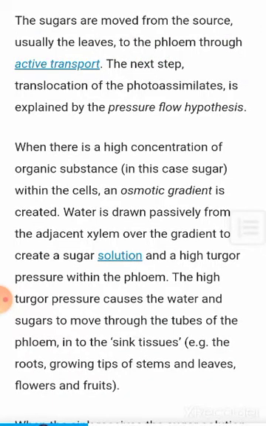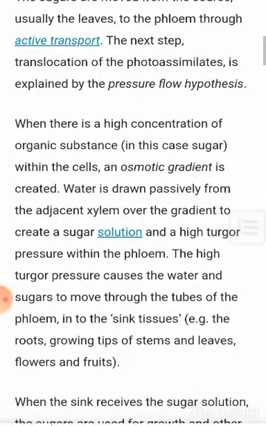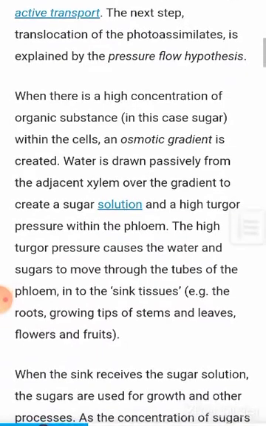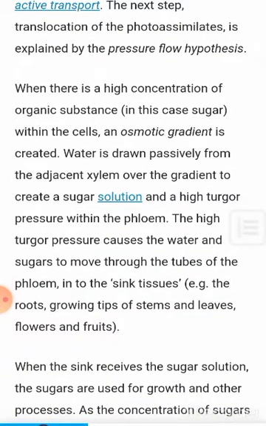The next step, translocation of the photoassimilates, is explained by the pressure flow hypothesis. When there is a high concentration of organic substances within the cells, an osmotic gradient is created.